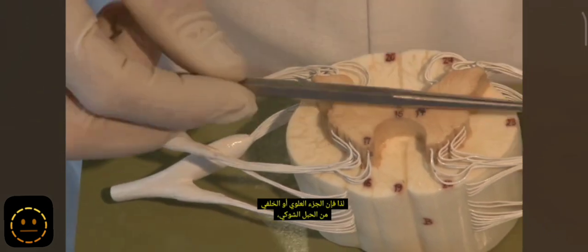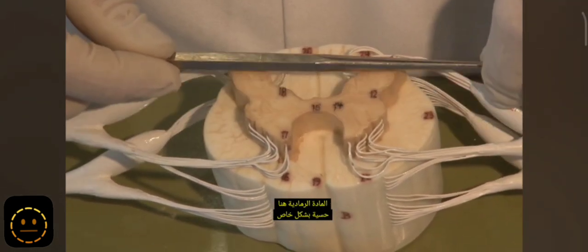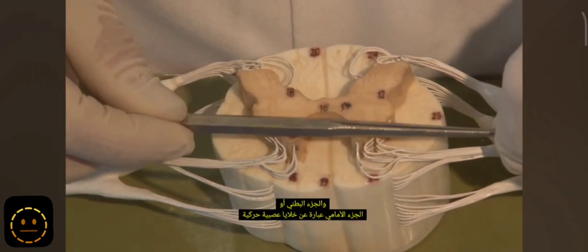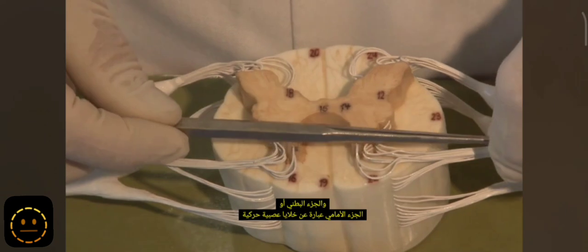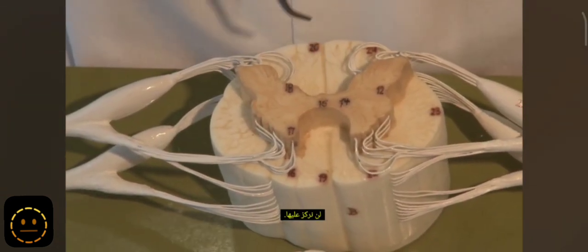So the posterior part of the spinal cord, the gray matter here, is particularly sensory. And the ventral part or anterior part is motor neurons. And in between, of course, are other neurons that we will not focus on.